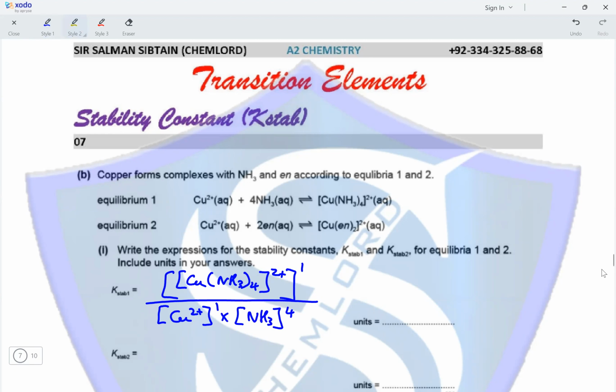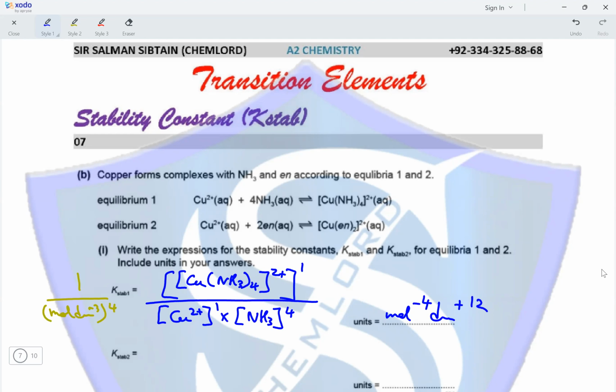So the units would be 1 upon mol per dm^3 raised to the power of 4, since mol per dm^3 in the numerator and denominator gets cancelled out.